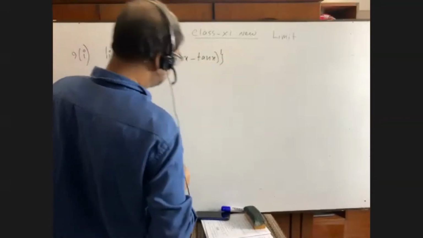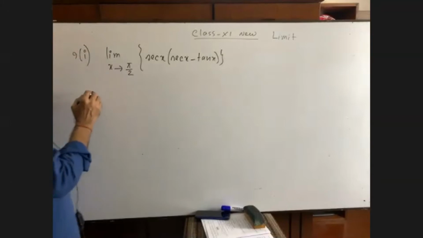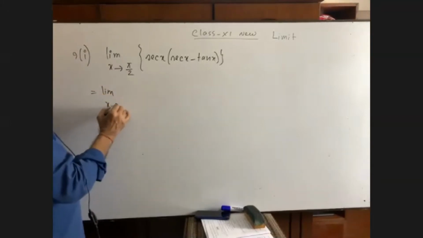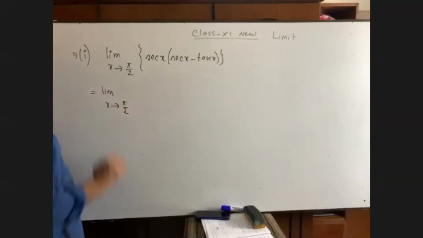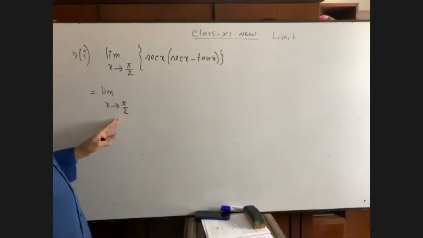This is the math. Okay, I told you not to be frightened of seeing the math. Very good, you calculate it. Limit x tends to pi by 2. Okay, you did maths of x tends to 0 or x tends to infinity. But it is now pi by 2.